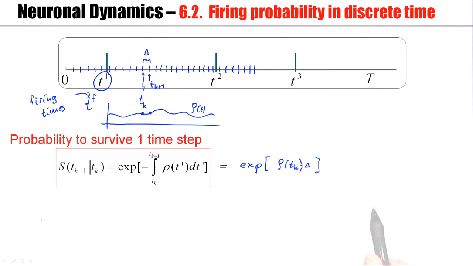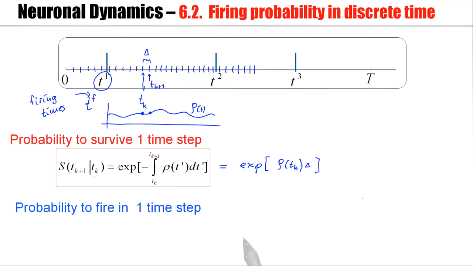Now the next question is, from time to time we have these spikes. So this would be a time bin in which the neuron has fired. So what's the probability to fire in one time step? Well, this probability, let's call it Pf, f for firing in the time step k. The probability to fire in one time step is the probability that you do not survive without firing. So this is 1 minus S of tk plus 1 starting at tk.